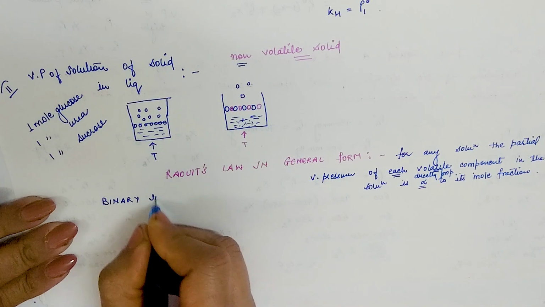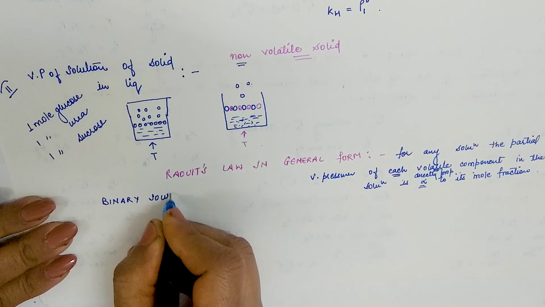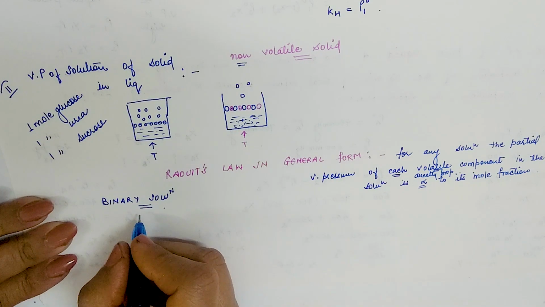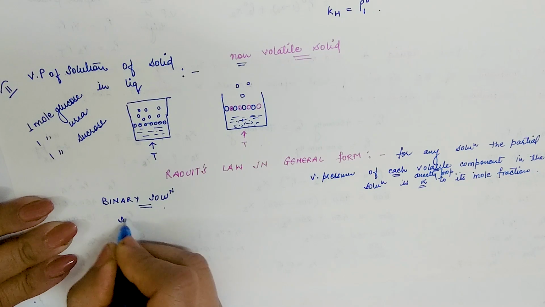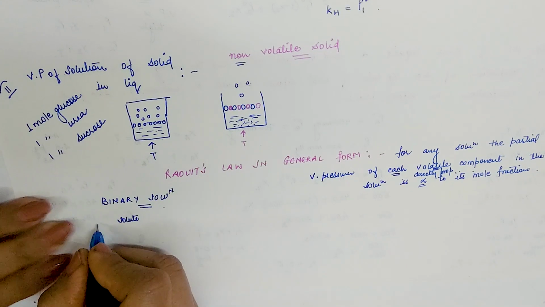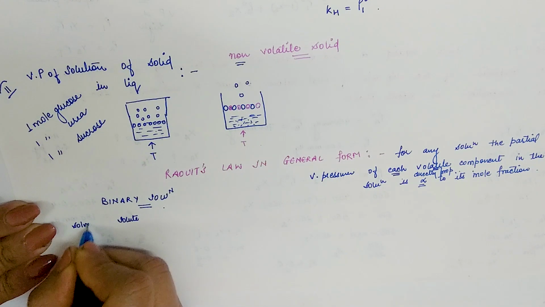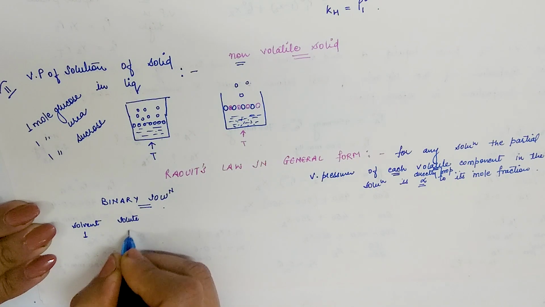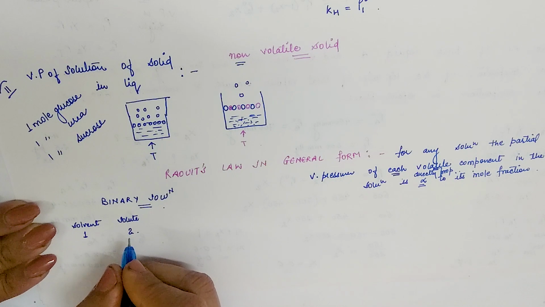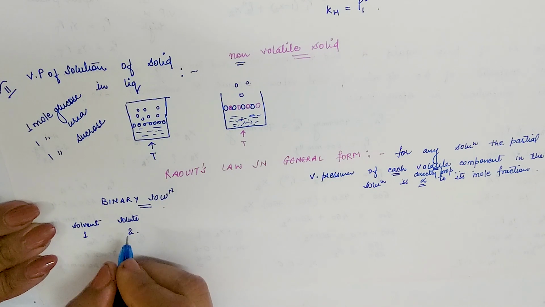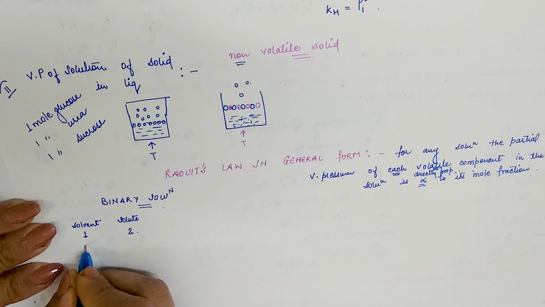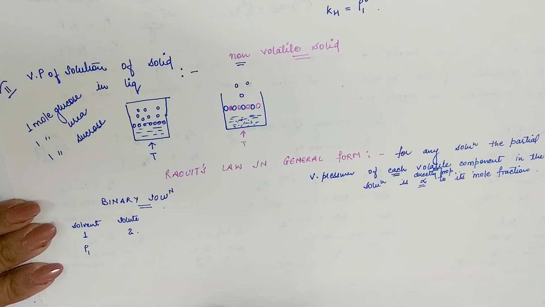In the binary solution, suppose the solute and solvent are present. I am considering the solvent as component 1 and the solute as component 2, which is non-volatile. Now who will form the vapor pressure? Only the solvent will form the vapor pressure.